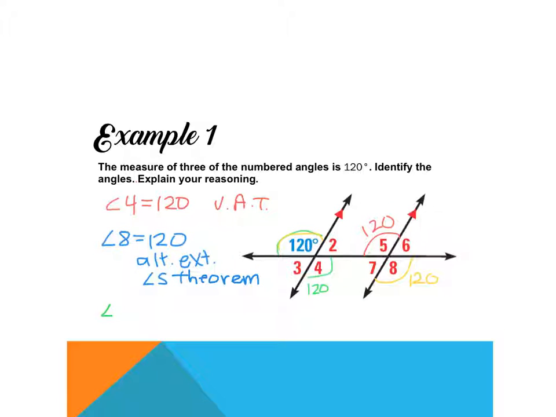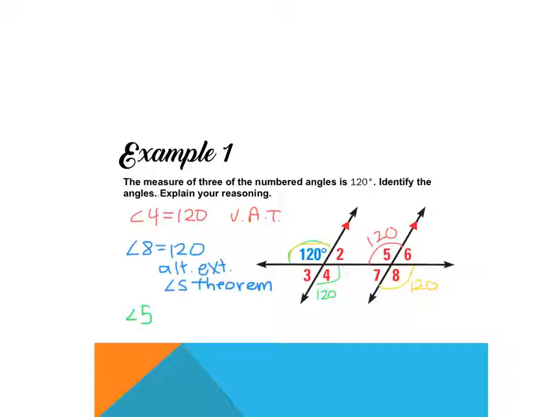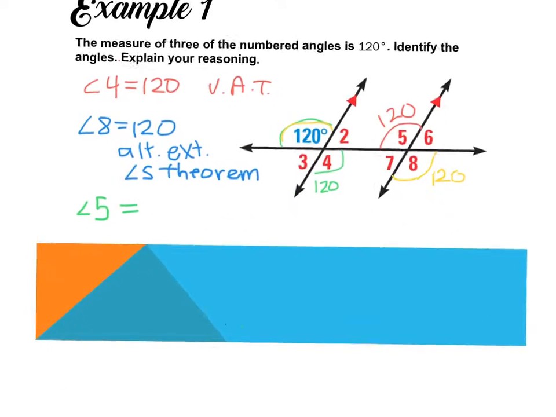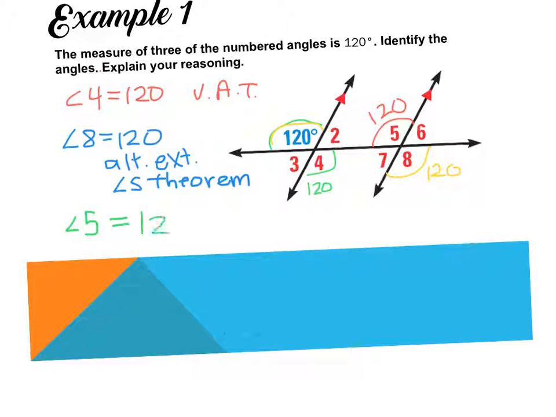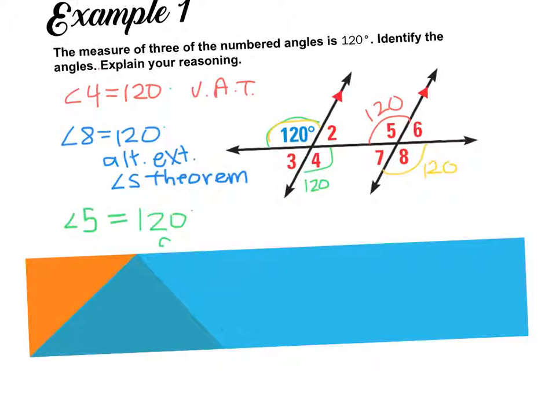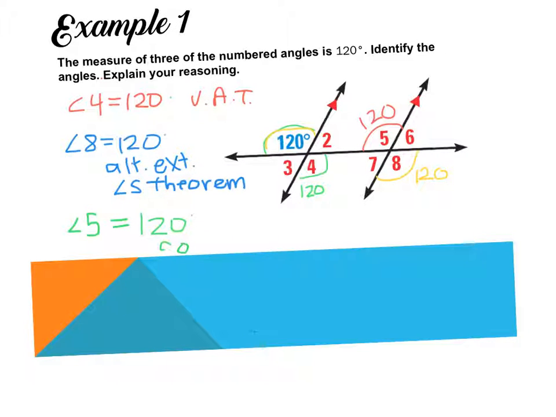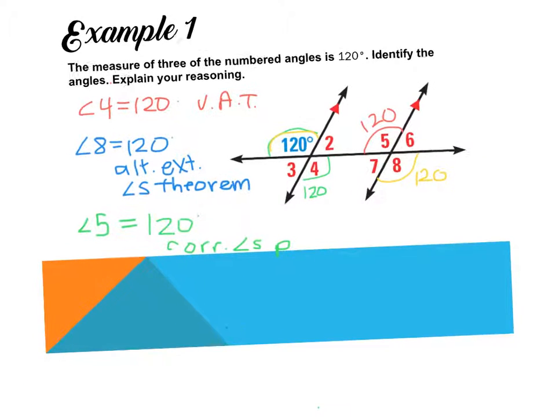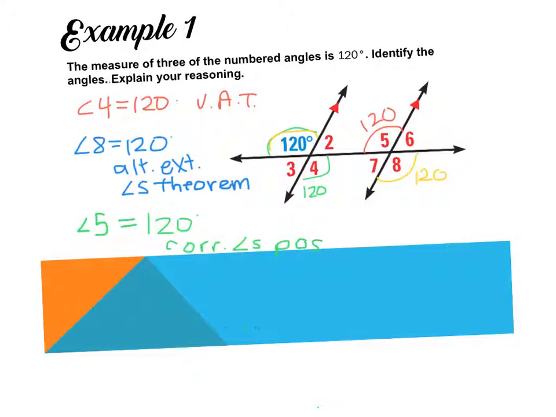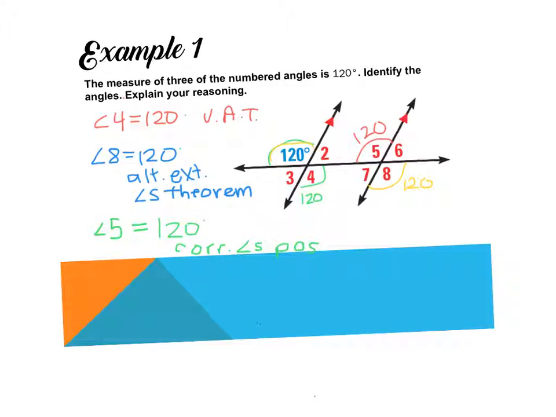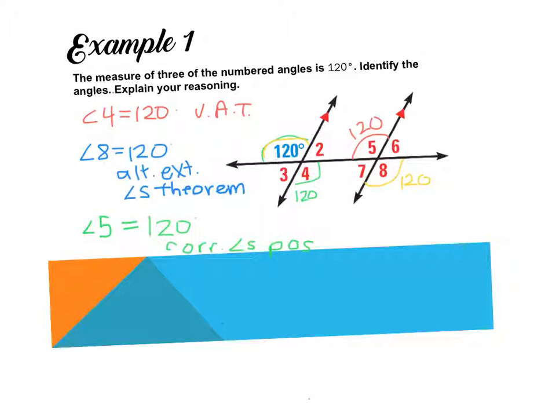And angle 5 equals 120. And that's the corresponding angles postulate. So the corresponding one's the only one that's a postulate.